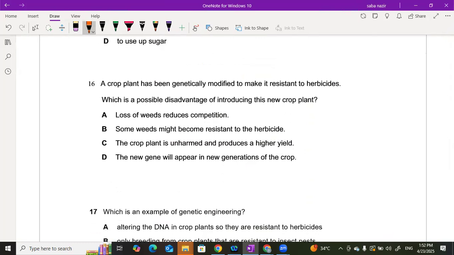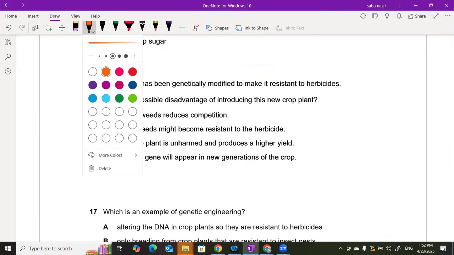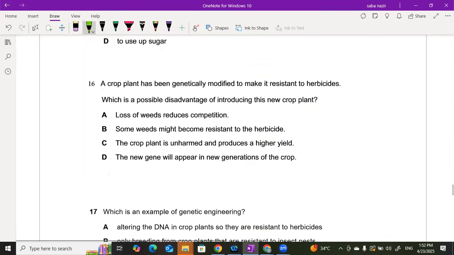For example, we have a typical normal crop plant, right? This crop plant has been modified and it has become resistant to herbicides.